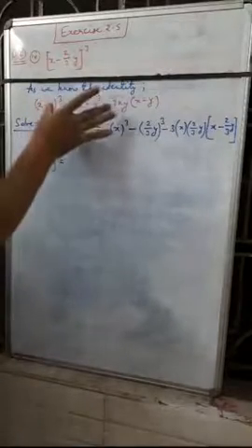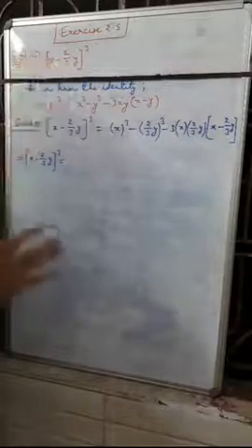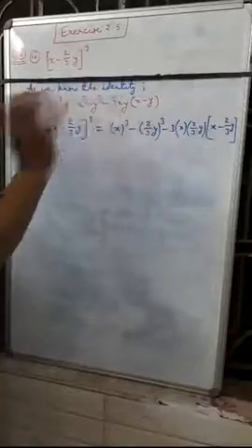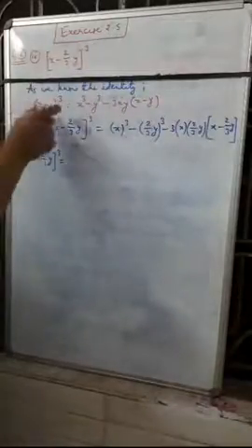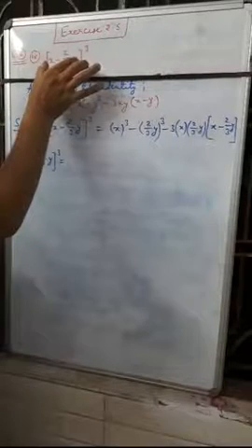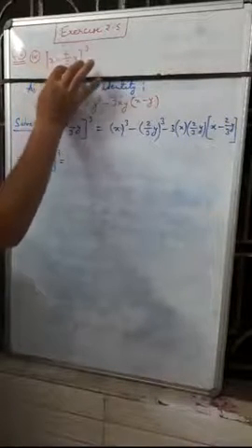Everybody has to learn all the identities for the exercise. So now, in place of x minus y, we will write the question again, (x - 2/3 y) whole cube.